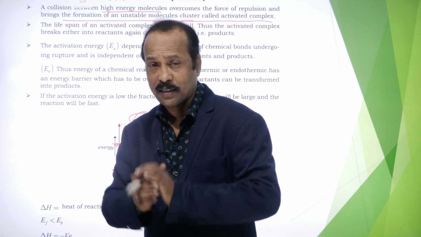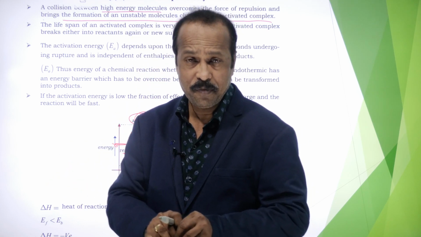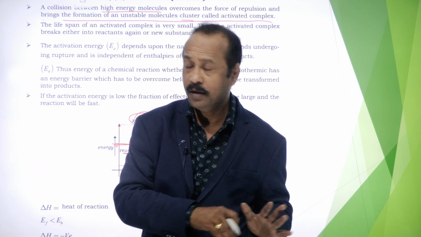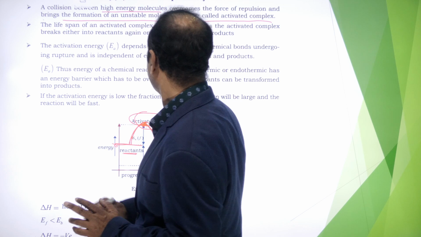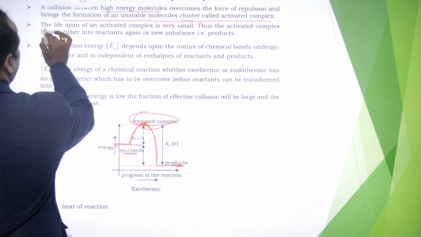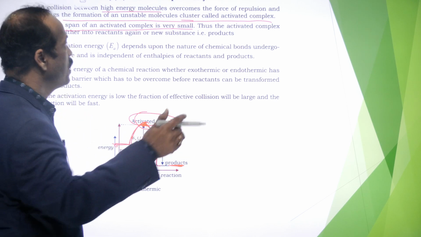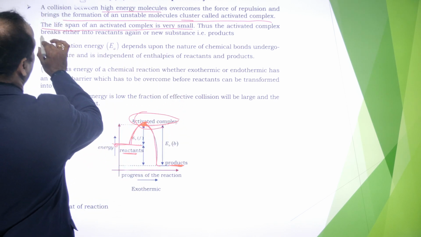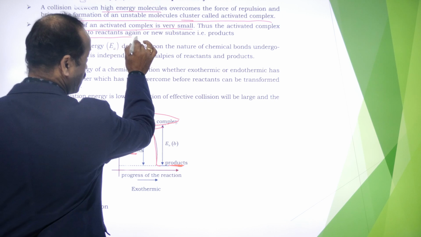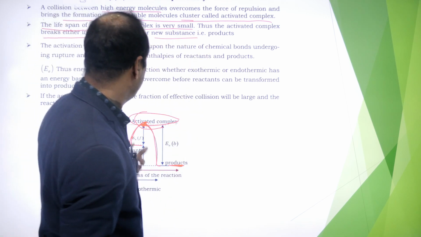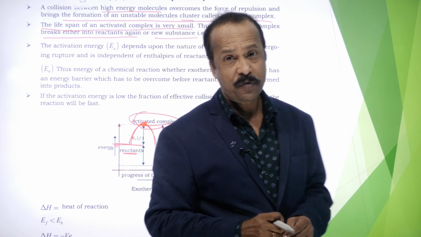So due to that, they can break again into the products, or sometimes they may go back into the reactants. So here you see the lifespan of the activated complex is very small. Thus the activated complex breaks either into reactants again or into the new products.